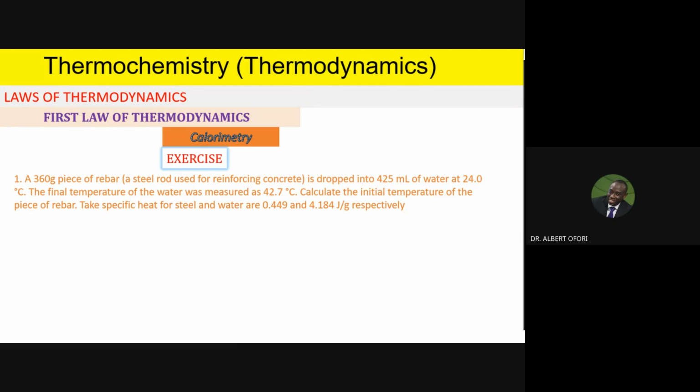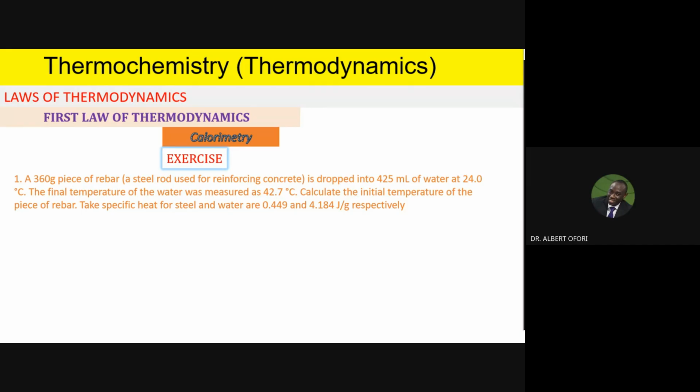So that's for heat. Now look at this. It says that 360 grams of a piece of steel, which is a rebar, and rebar is used in reinforcing concrete, is dropped into 425 ml of water. Of course, the ml means that once I know the density, and the density of water is close to 1, I can know that the mass of the water in that cup is 425 grams.